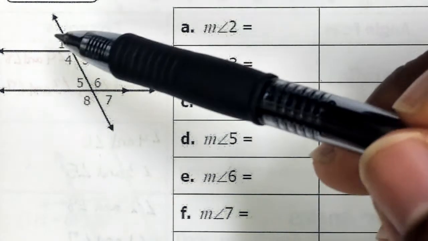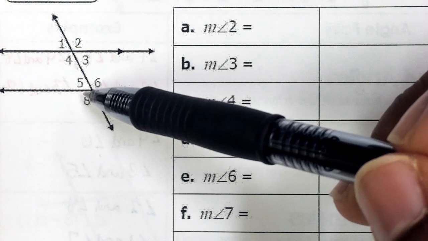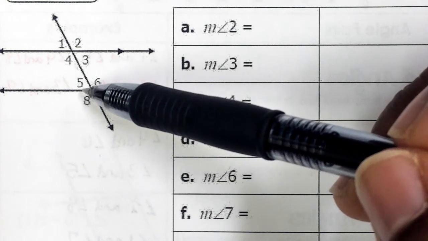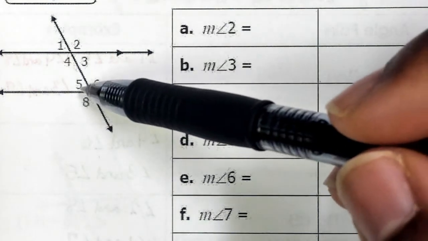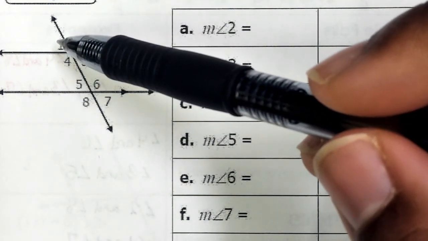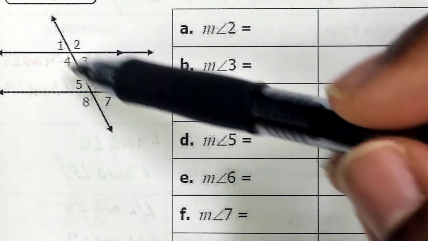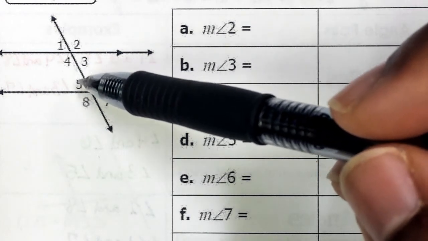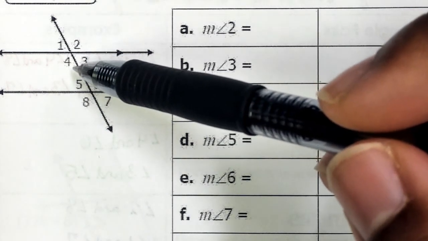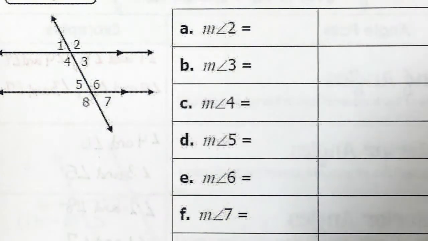Would you also agree that angle 1 and angle 5 are congruent? Angle 1 and angle 5 are the same, right? So whatever angle 5 is, angle 1 has to be. So say I don't know angle 1, but I know angle 5. I can still assume that angle 5 and 4 are going to add up to 180 because 1 and 4 add up to 180, and angle 1 and 5 are the same.